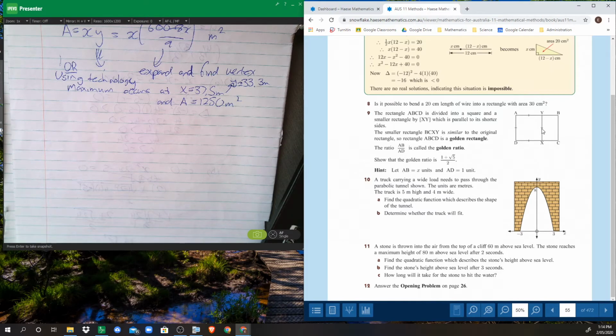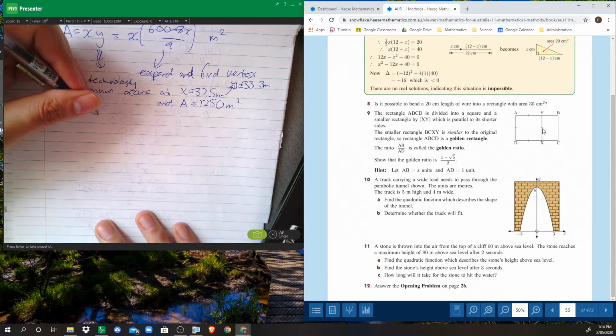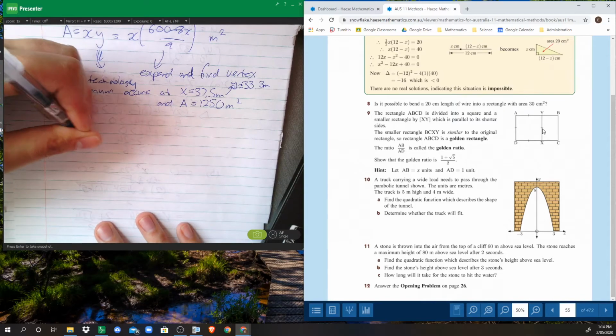If you view it this way, I'll draw this.